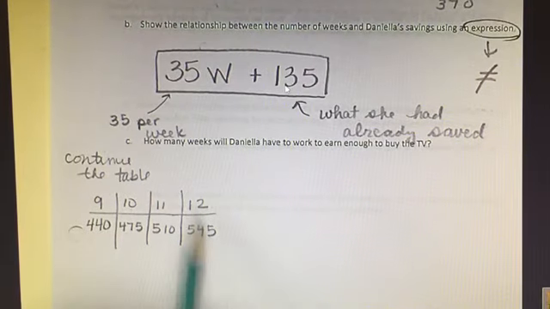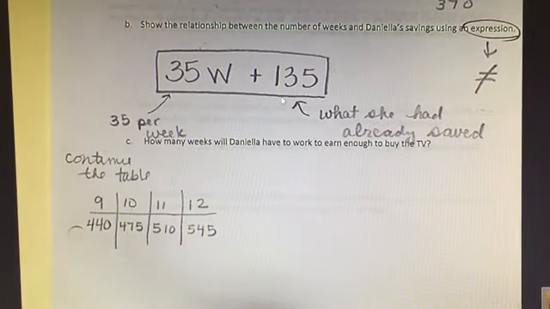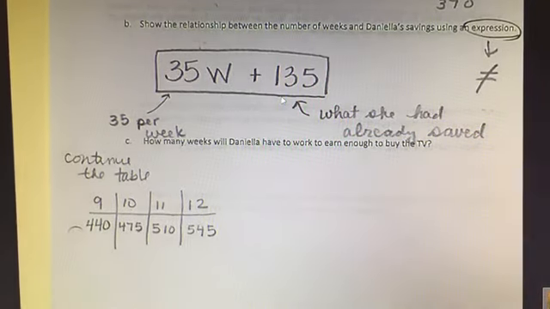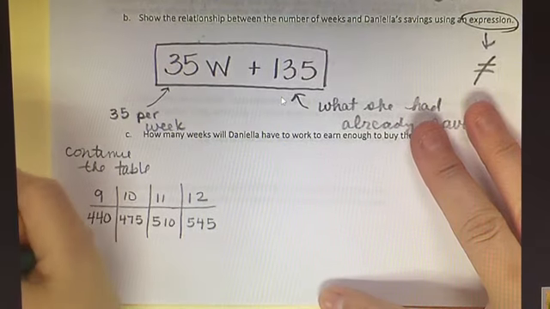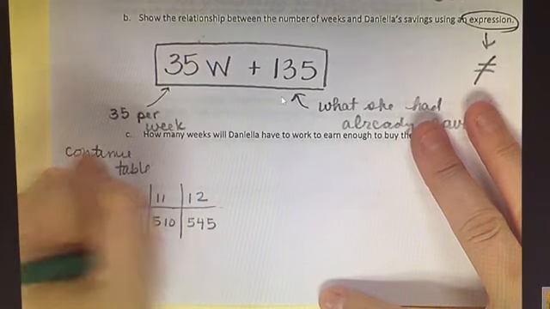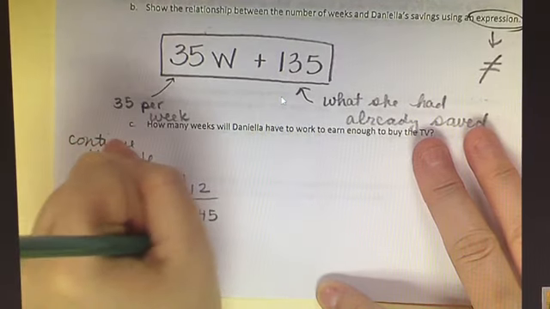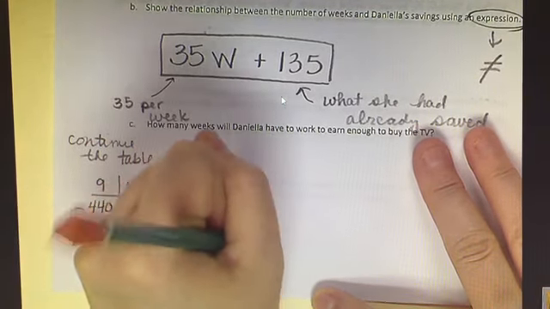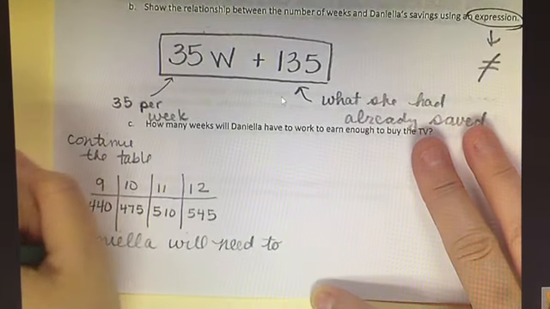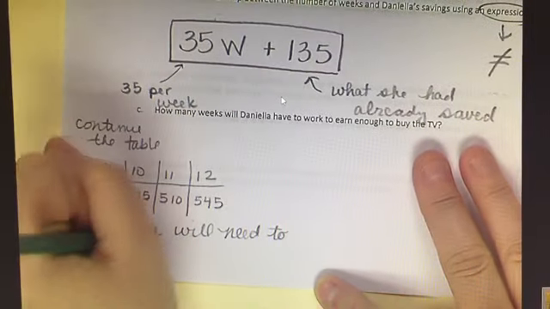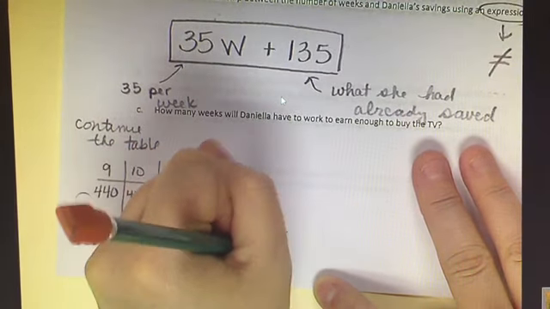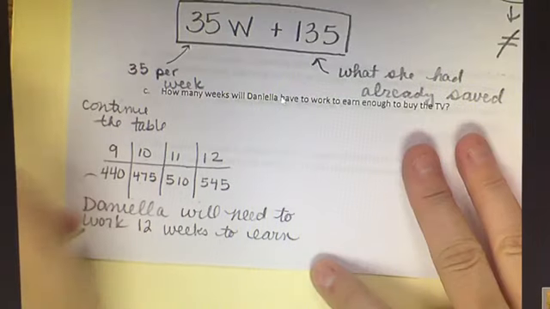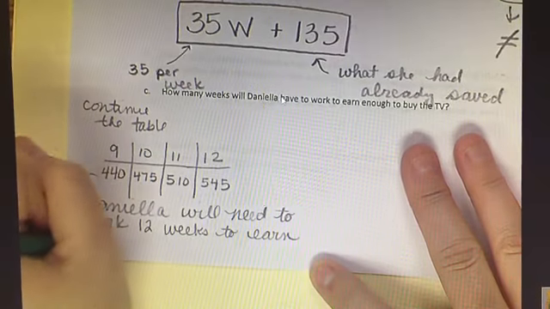So we have to work a whole extra week. And you can't be like, oh, they worked 11 weeks in 3 days. They work a whole week, okay? So when we do this, Daniela will need to work 12 weeks to earn $545.